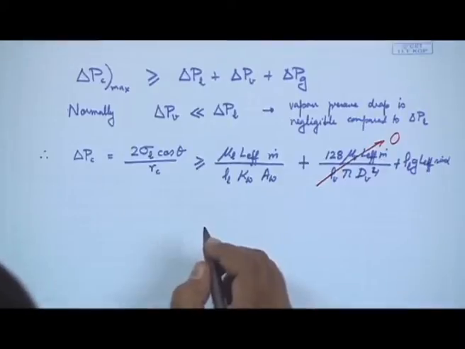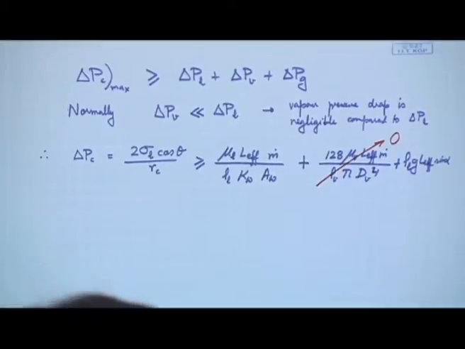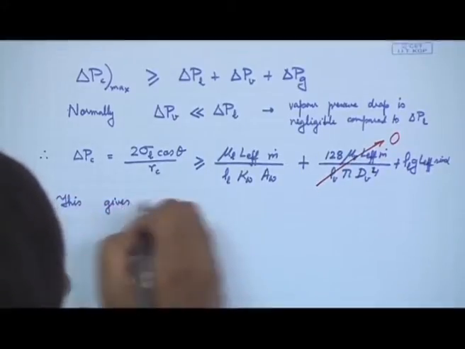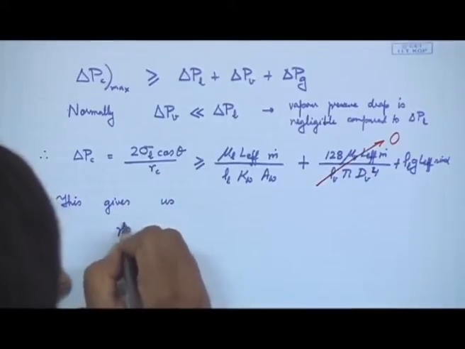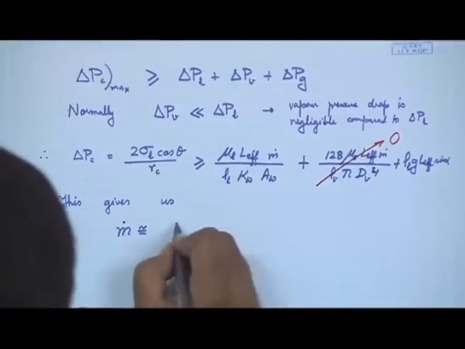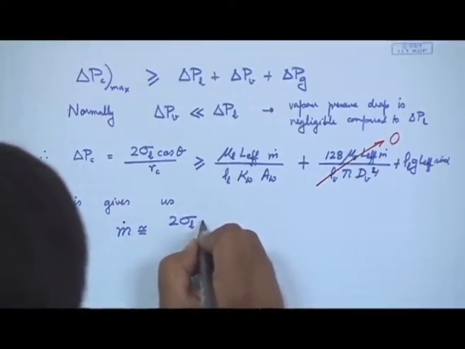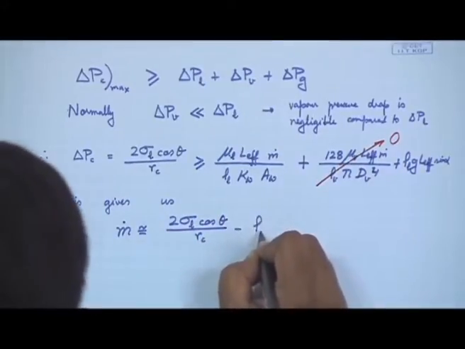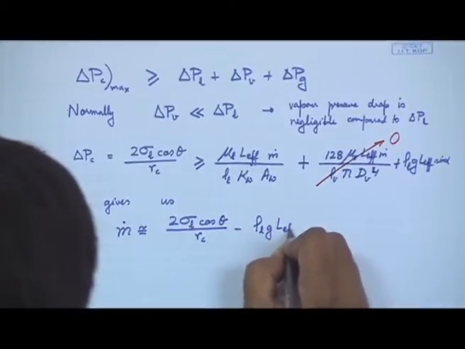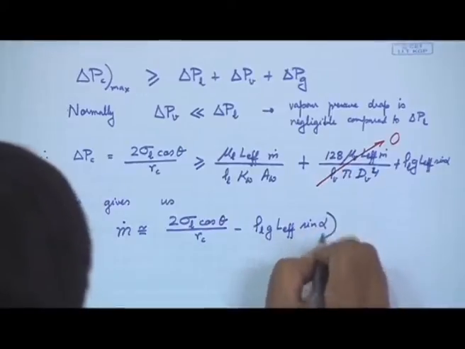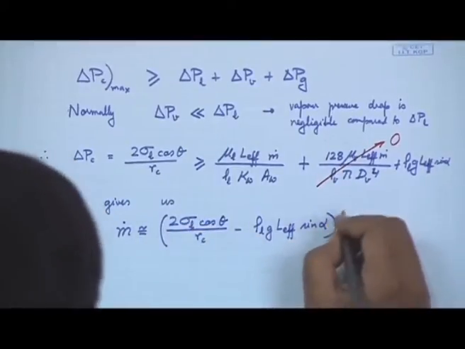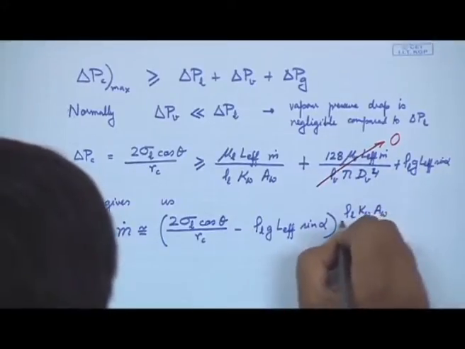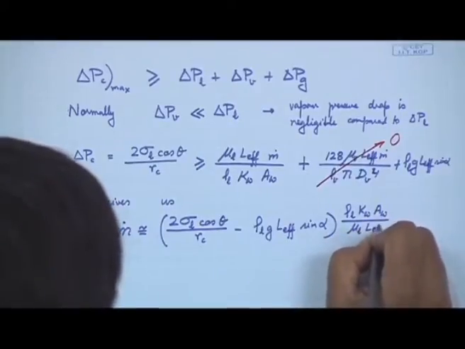So, at a minimum it should be equal to, and what we can write therefore is this gives us m dot is equal to 2 sigma L cos theta over R c minus rho L g L effective sin alpha times rho L Kw Aw mu L L effective.